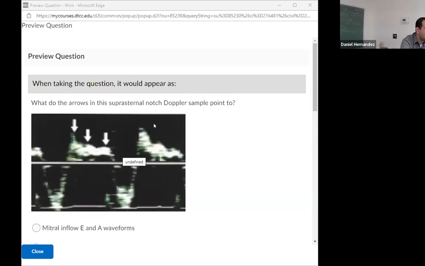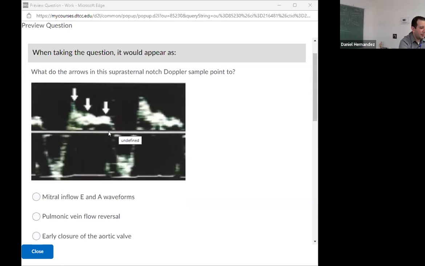So, suprasternal notch view. We're looking at the aorta. That's the focus of our image. We're assessing the aorta, looking for dissection, coarctation, dilatation. I can tell if I'm in the ascending or descending aorta based on the direction of this arterial waveform.